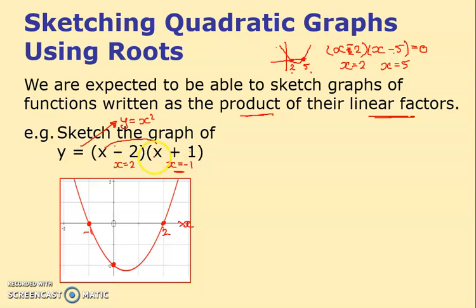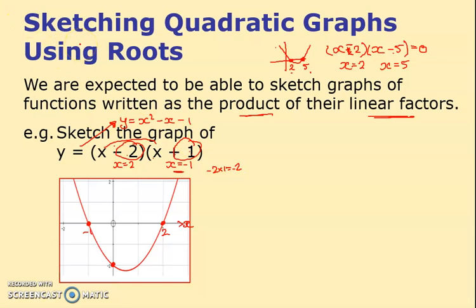But then I get a minus 2x here, so I think it's minus x overall, and minus 2 times plus 1 is minus 2. Notice you can do all of that much quicker. All you've got to do is multiply the minus 2 by the plus 1, and minus 2 times plus 1 equals minus 2.